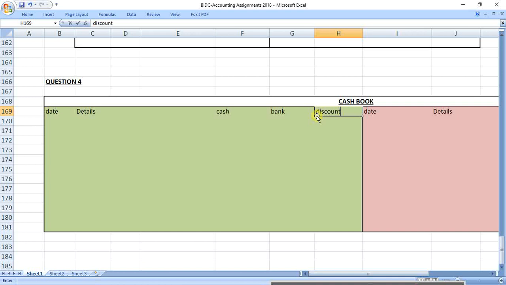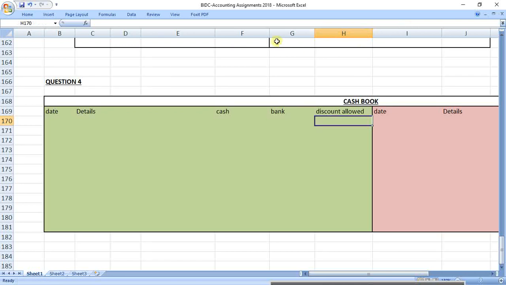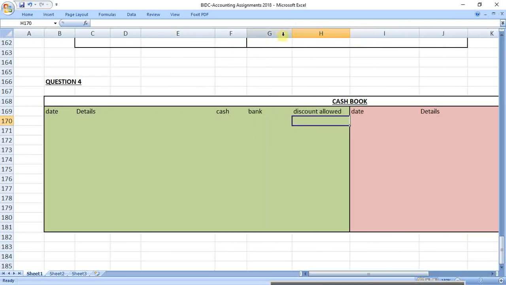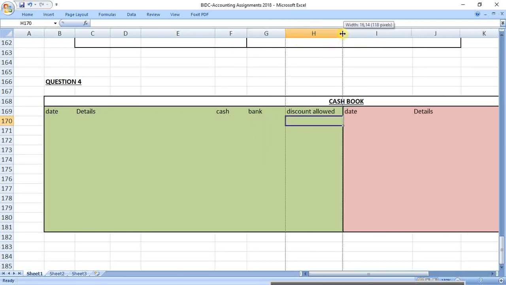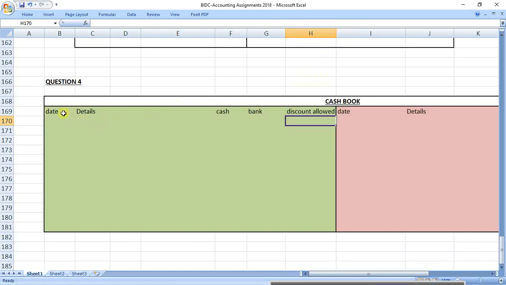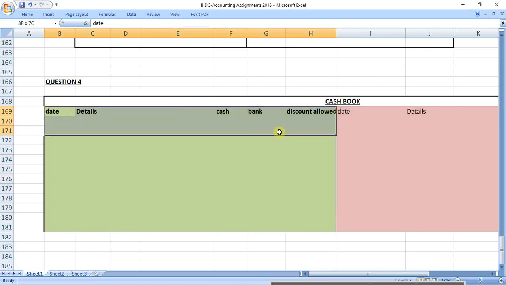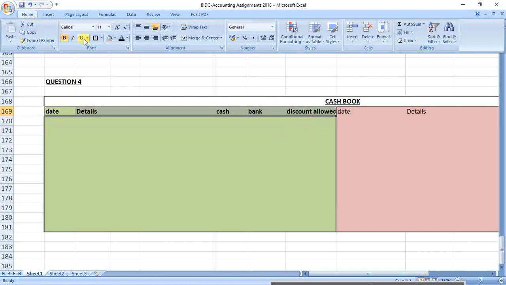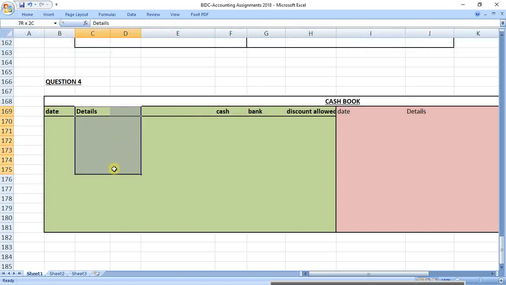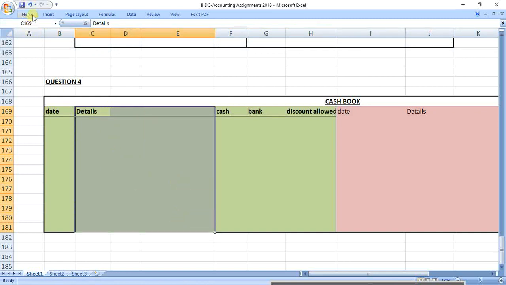What discount will you have with the receipts? Discount received or discount allowed? Discount allowed. Very good. Because remember, debtors are going to pay, and if debtors pay, you could give them a discount. So on the left hand side, you're going to have a discount allowed column, because you may give them a discount.